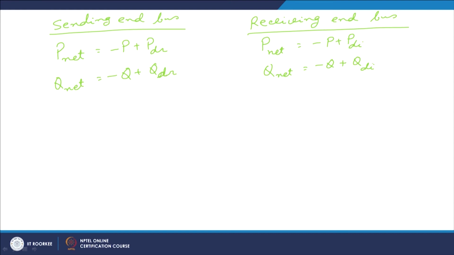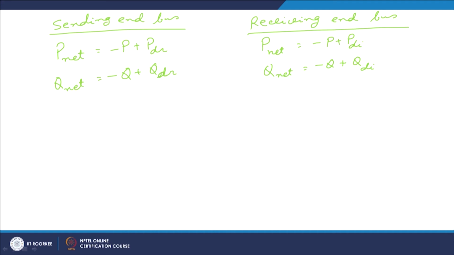So, therefore, at both the sending end bus and the receiving end bus we now get the net real and reactive power injection. Once we get this, the entire effect of the DC link has been taken into account through this net real and reactive power injection.